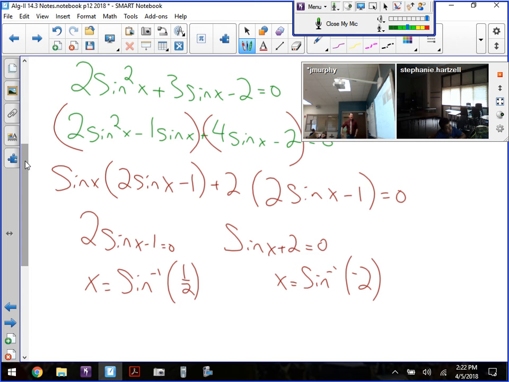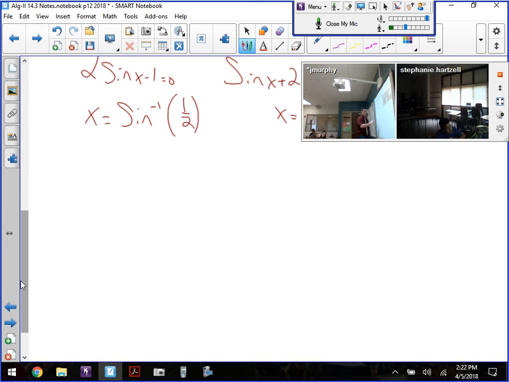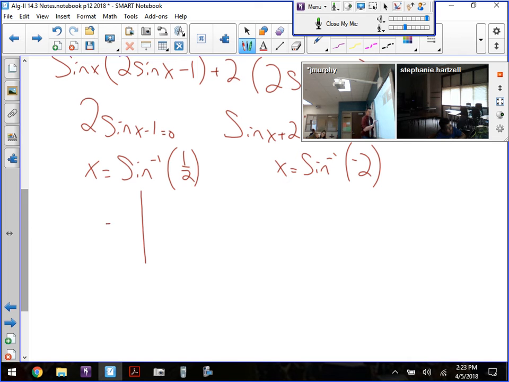Okay, so that means my opposite is 1, my hypotenuse is 2, which places me at what angle? 30 degrees. 30 degrees is what in terms of radians? Pi over 6, good. So I'm at pi over 6, and where else is sine positive? Second, so what's the angle in the second quadrant? Those are your answers. And then I go to the other part.